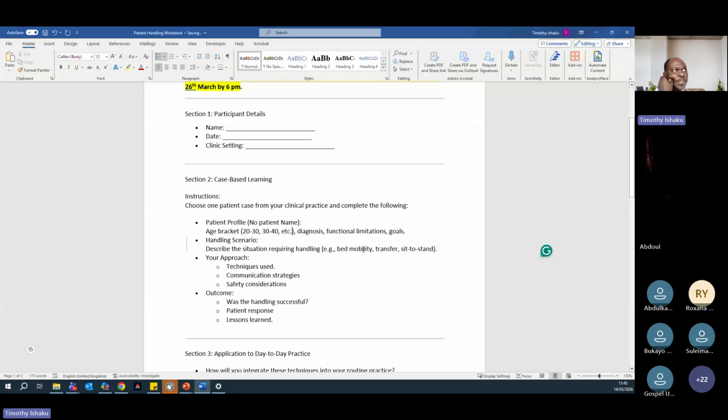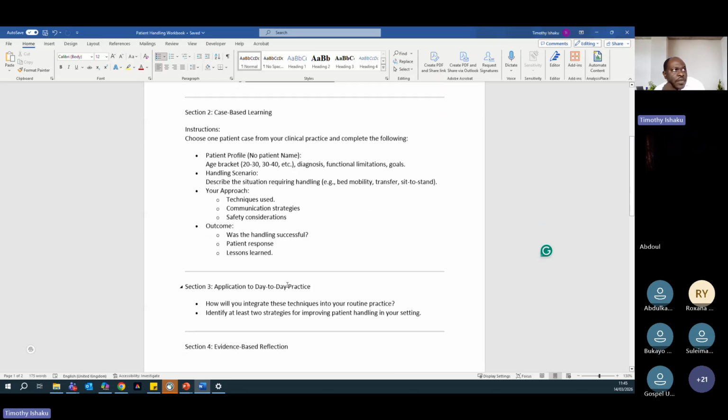Is it bed mobility, bed-to-bed transfer, seat-to-seat transfer, or seat-to-stand? Your approach: what techniques have you used? Just describe it. It doesn't have to have a fixed name, but what have you used? Have you used any communication strategies in terms of telling the patient the safety considerations?